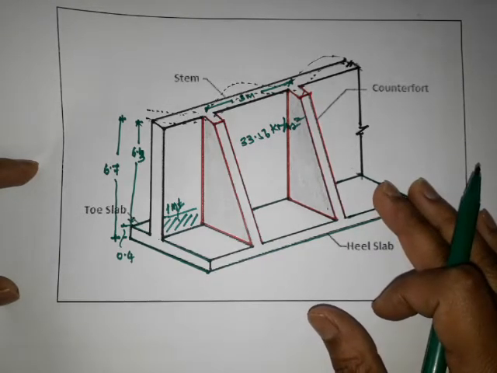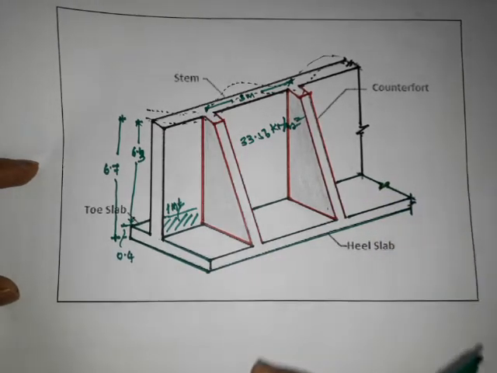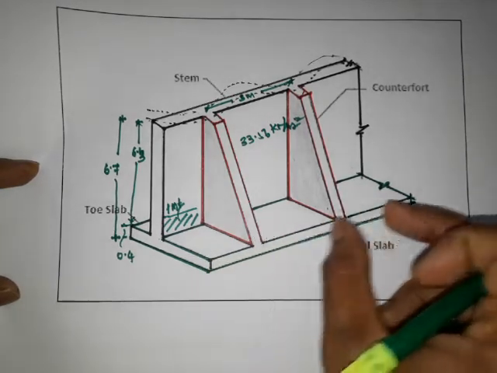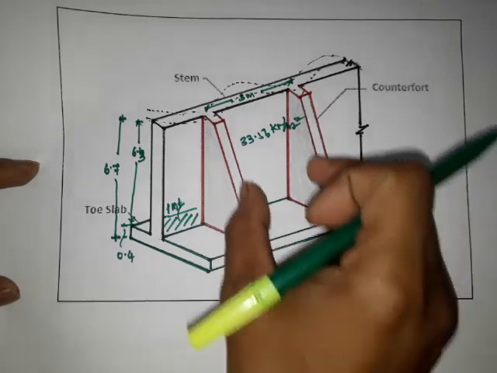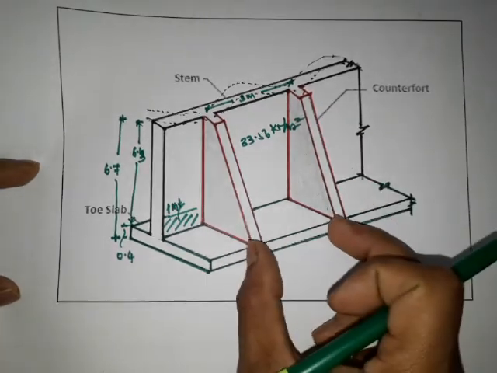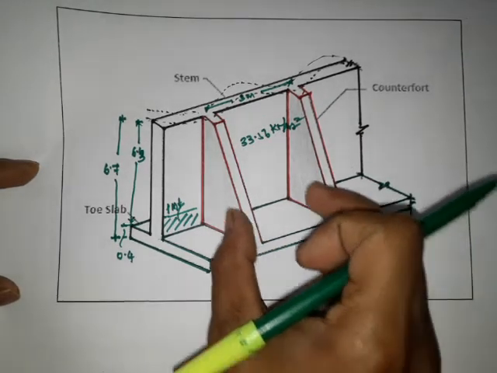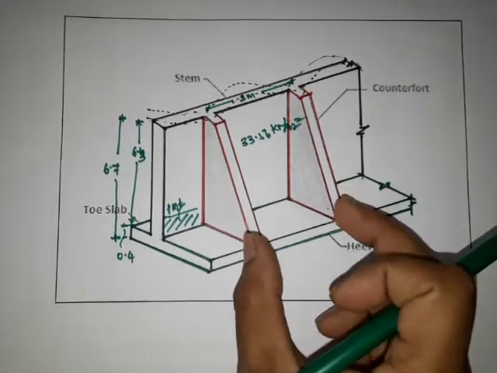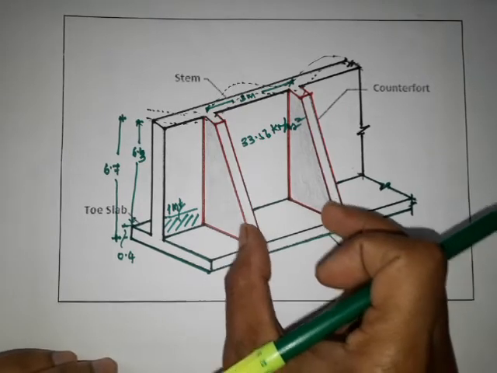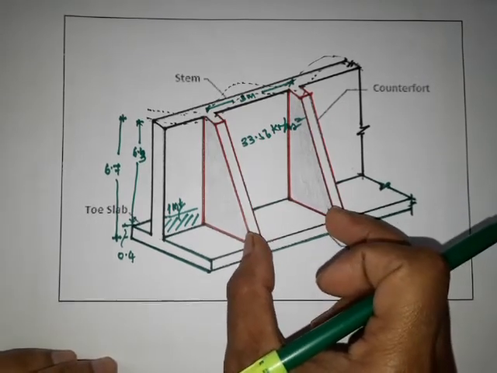When you say it's a continuous slab, it is supported between the two counterforts. Understood? Clear? So you have to design the heel slab spanning between the two counterforts.